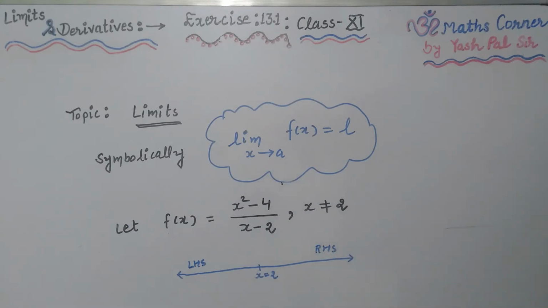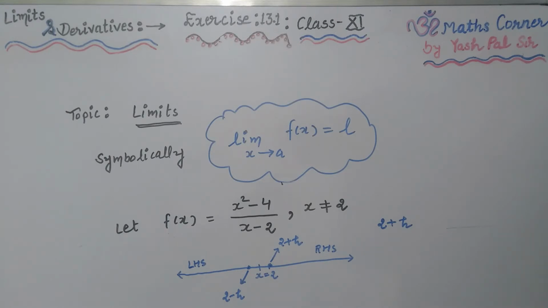We move a little bit to the right, a very small distance h. So this point is 2 plus h. Similarly, if we move h distance to the left side, this point is 2 minus h.